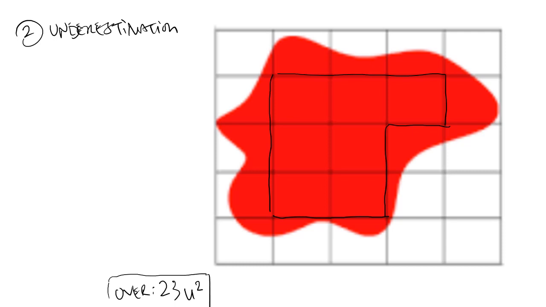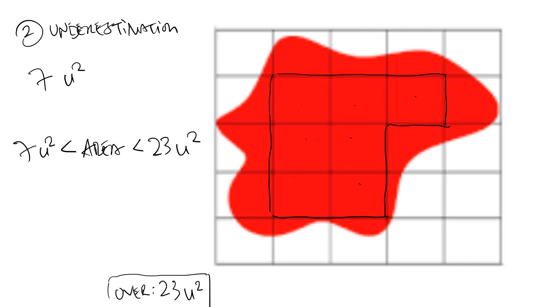These are the boxes that we know are completely filled in. And so we count 1, 2, 3, 4, 5, 6, 7. Our underestimation is going to be 7 square units. So we know that the area is larger than 7 square units, but less than 23 square units.